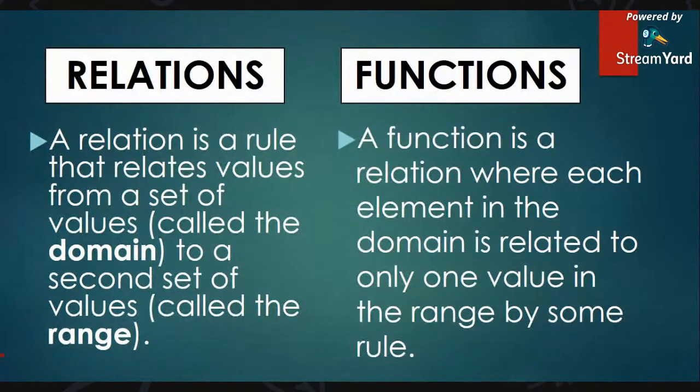Ganoon din sa function. Kaso, ang nangyari, meron tayong sinusunod na rule para malaman natin kung function siya or relation. Si function daw is a kind of relation. But, relation can't be a function because of some rule. So, pwede din tawaging si domain as abscissa and range is the ordinate.